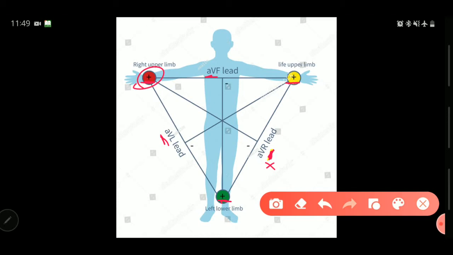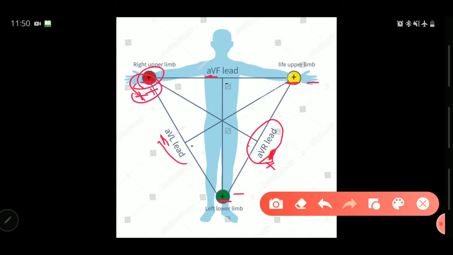So for the aVR, we put the positive electrode on the right arm, while we put the negative electrodes on the left arm and the left leg, because we want to measure the potential difference situated on the right arm.